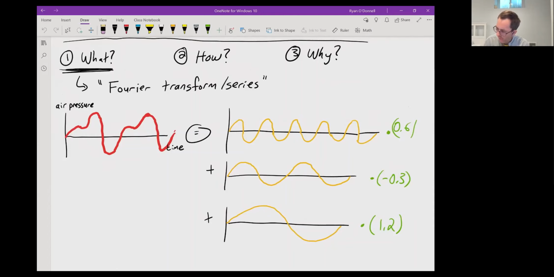Okay, and so these yellow things are the volumes or the intensities of these different pure tones that make up this glorious sound, and it's just a fact of math that every function, every pattern of air pressure over time, can be decomposed into some of these very special patterns, these very special orange simple functions. They're sine waves.